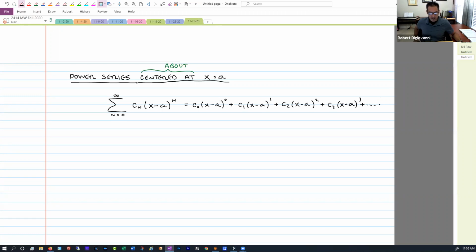Now, when you look at this, all these c's are just numbers. Now, they might be changing, like c sub 0 might be different than c sub 1. C sub 2 might be different than c sub 3, or they could all be the same number, but they're just numbers. So c sub 0, c sub 1, c sub 2, all of those are numbers.